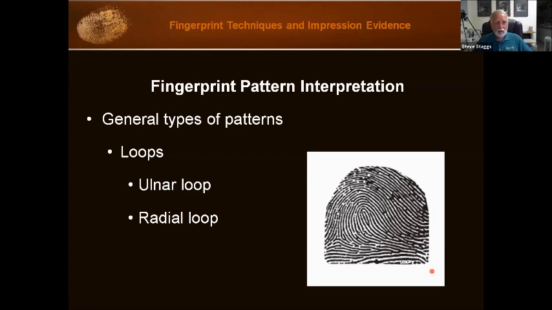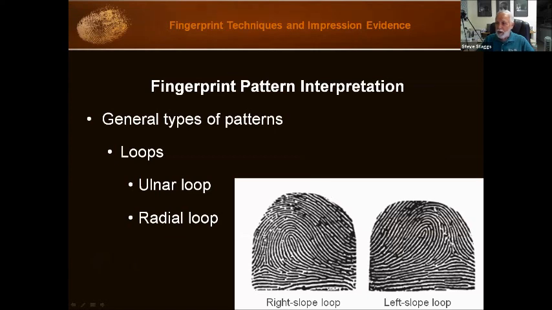Okay, once again, the three characteristics of the loop are a sufficient recurve, one delta, and a ridge count across a looping ridge. I didn't say that before, but I'm going to show that to you in just a moment.